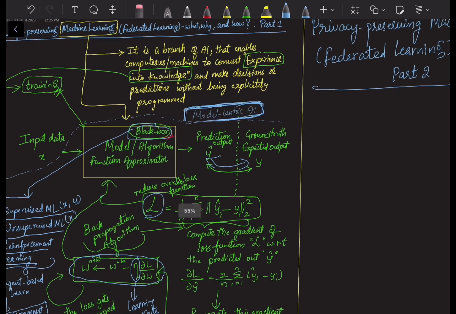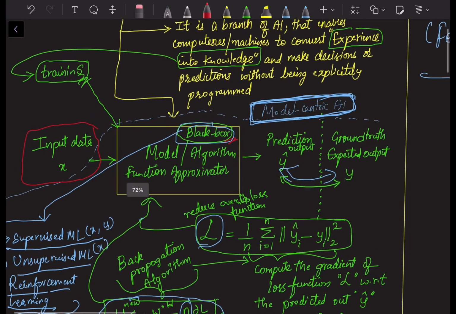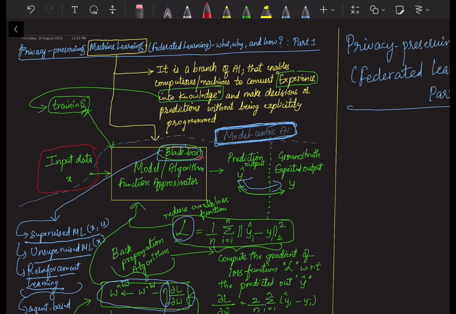Now, in this part two, we will try to focus on the input data. Basically, this would drive us for the rest of our lecture series. Basically, how input data matters and what role it plays in the entire machine learning process.